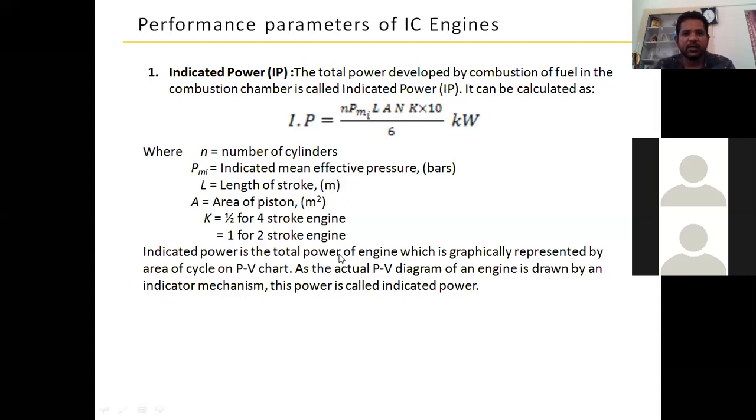So the first one is called indicated power. As we know, there is a conversion of thermal energy, heat energy, into mechanical energy, right? So one power is measured in the cylinder, after the combustion, and one is at the end of the shaft.